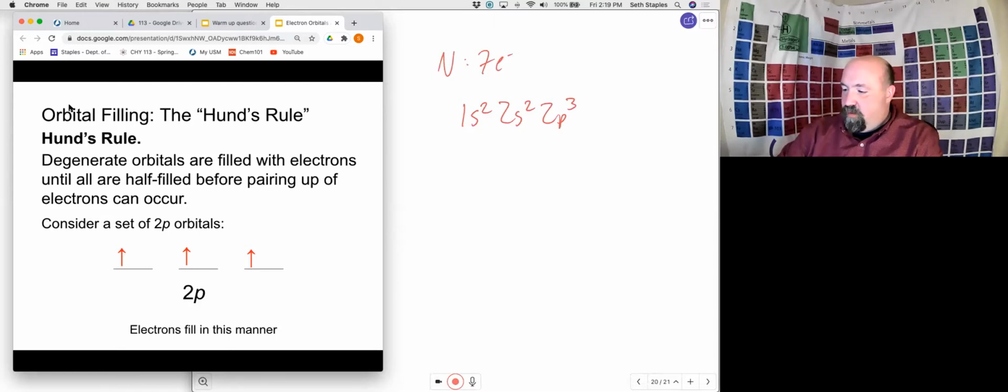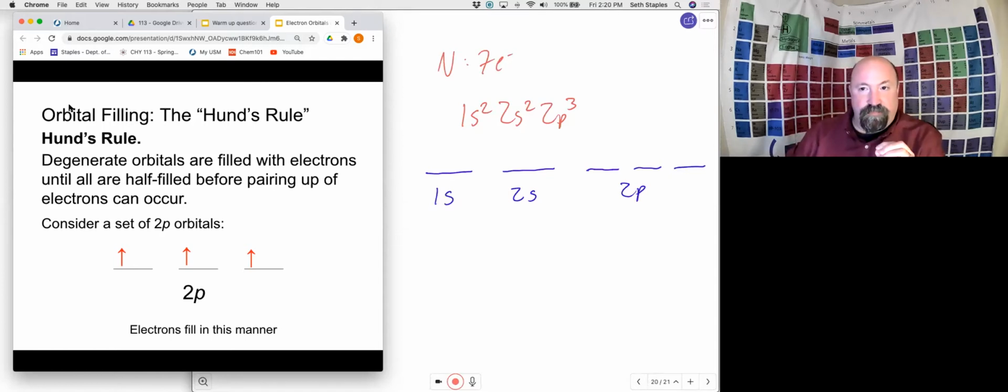Here's our 1s orbital shown as a line. Here's our 2s. Remember, there's 1 orbital in an s sublevel because each orbital holds 2 electrons. In the 2p, remember that we talked about there are 3 separate orbitals because the 2p sublevel holds 6 electrons total.